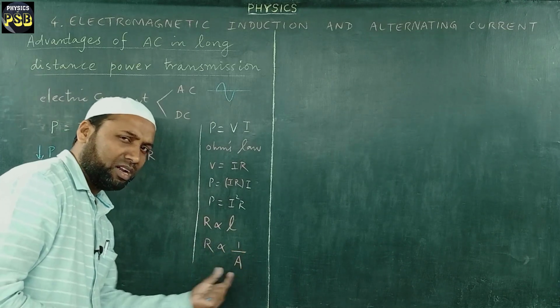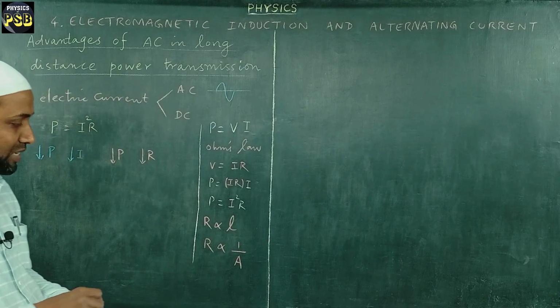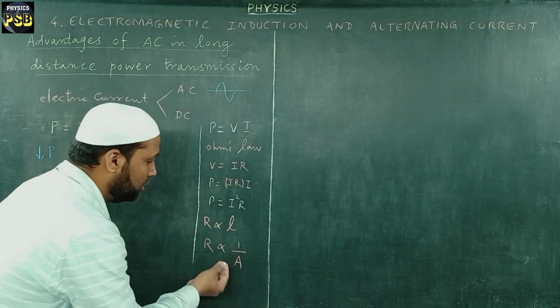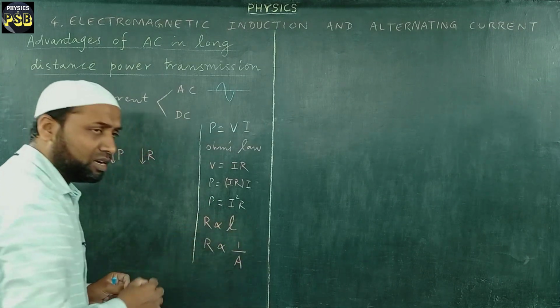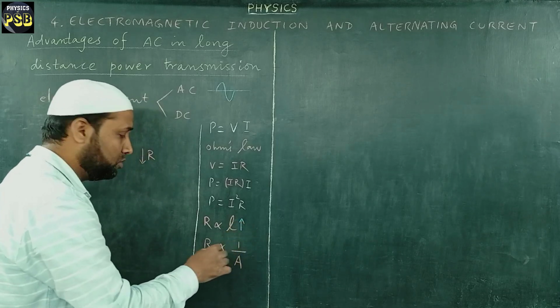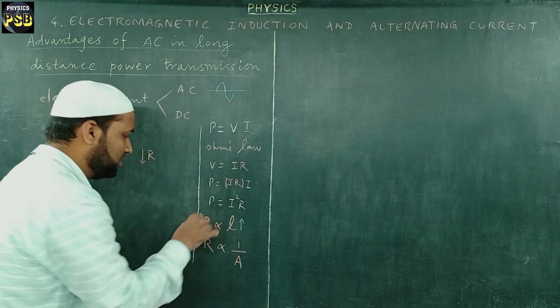Here, cross section area represents the thickness of the wire through which we pass the electric current. So, according to this relation, if we increase L value, R value will increase.